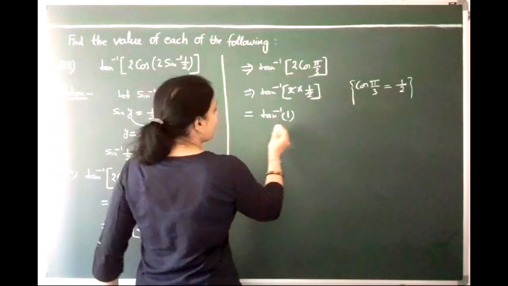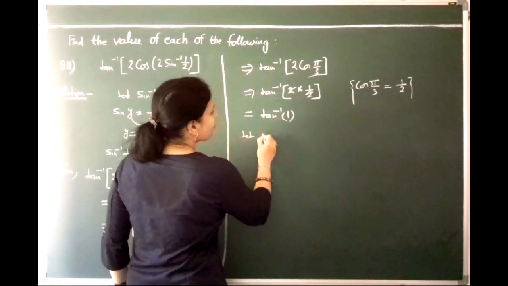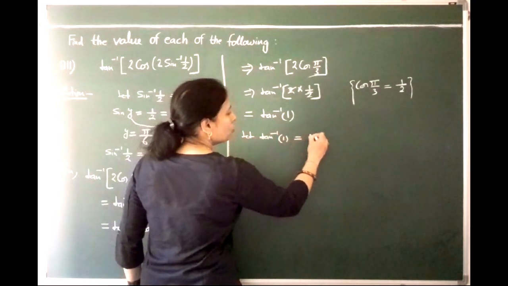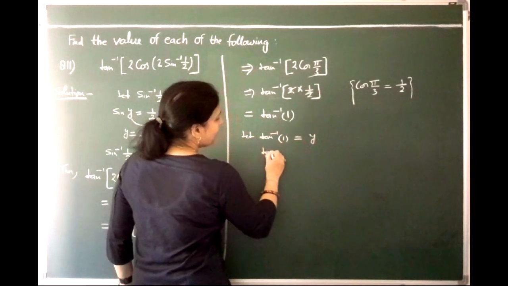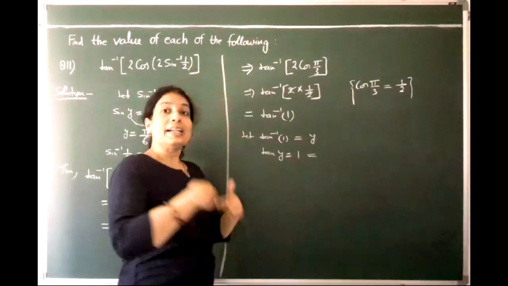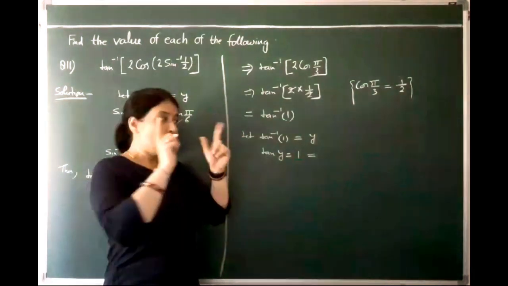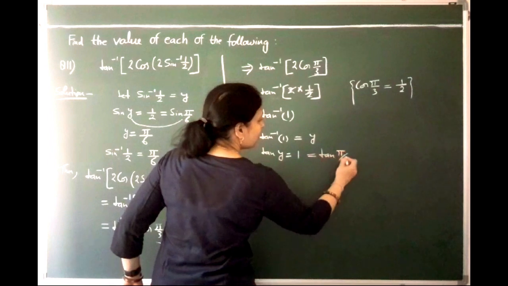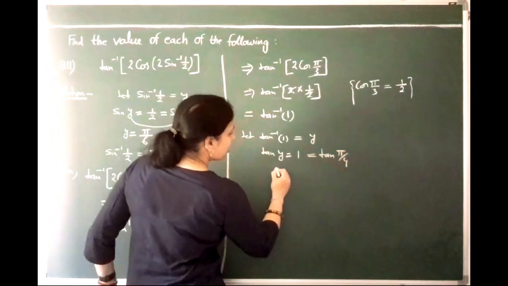How? You can write, let again tan inverse 1 is equal to y. So what will be tan y? Tan y will be 1, and we know that tan pi by 4 is equal to 1. So in place of 1 we can write tan pi by 4. Now compare this.